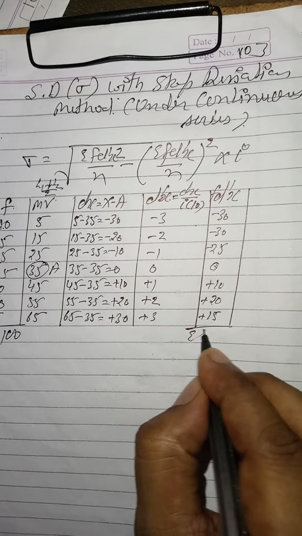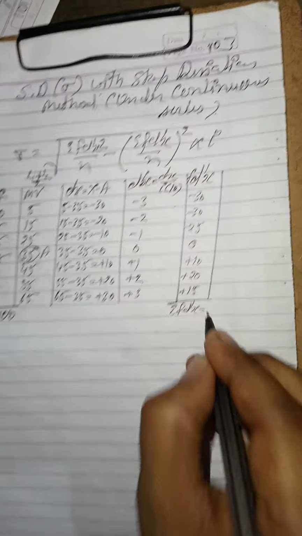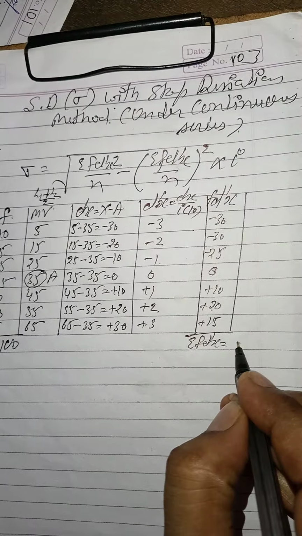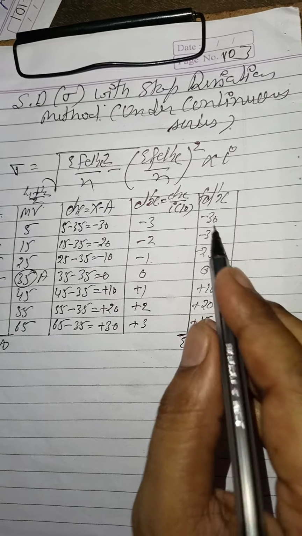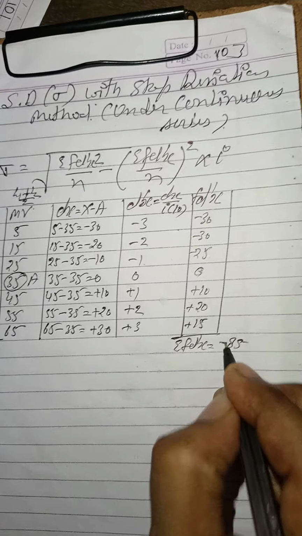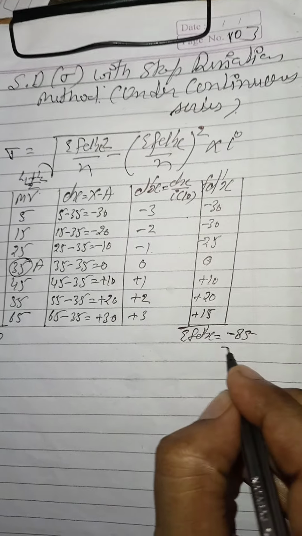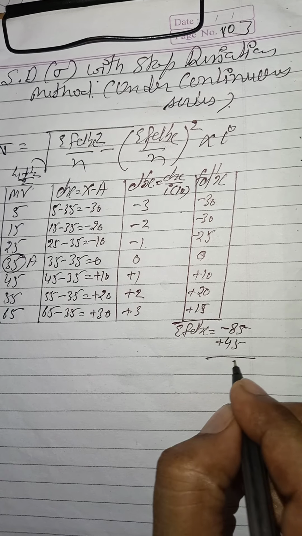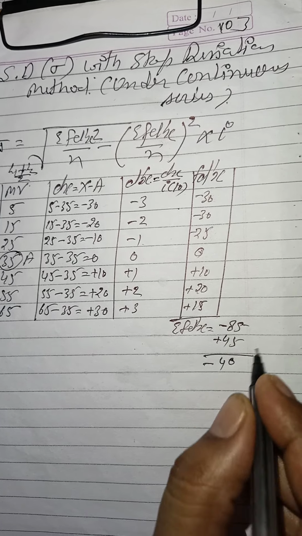That's your summation f d dash x, which is minus 40.